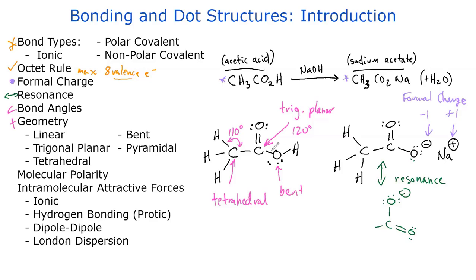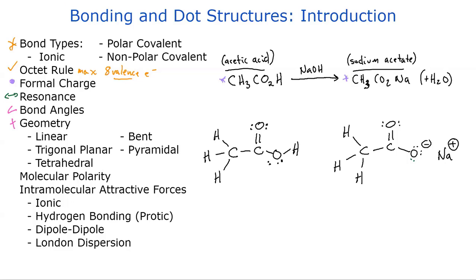And since you actually have two lone pairs, then that bond angle is also about 110 degrees. It's a little bit less because the lone pair electrons push harder than the bonding electrons do, but for our purposes, we can say it's about 110. Now notice we're missing examples of linear and pyramidal, but hopefully you get the idea.